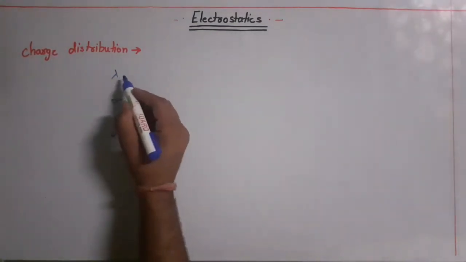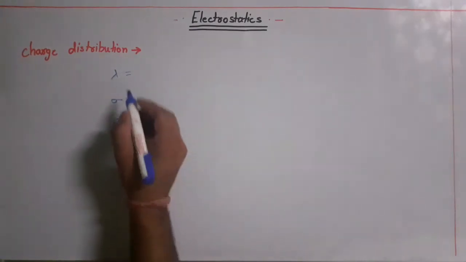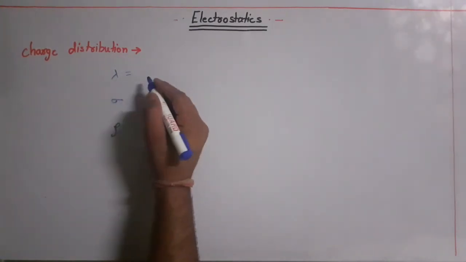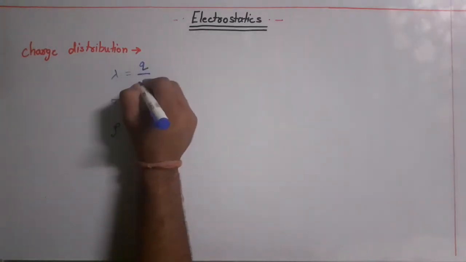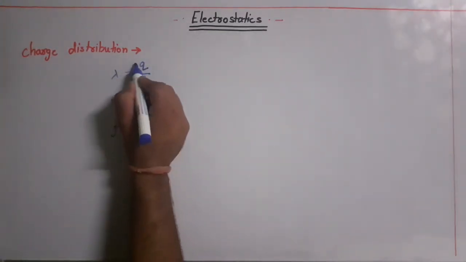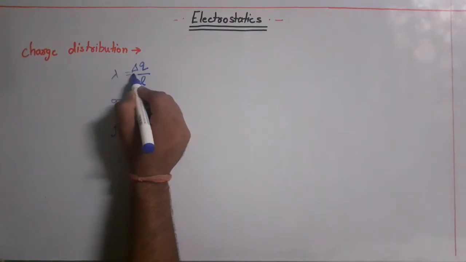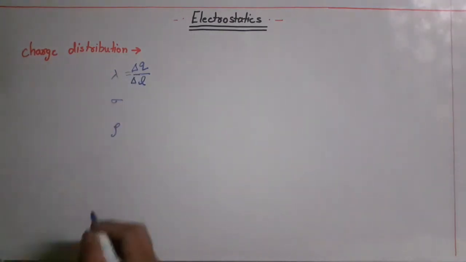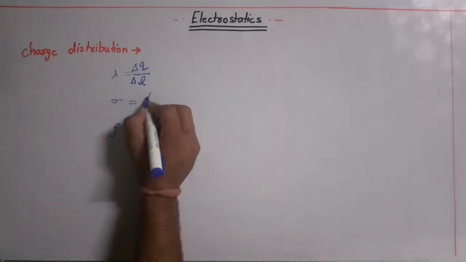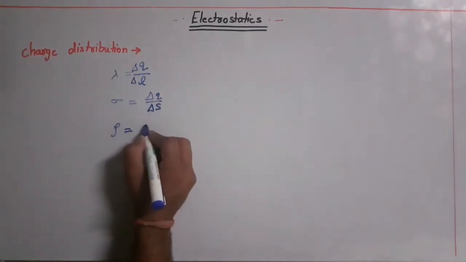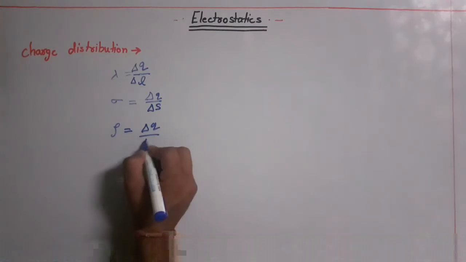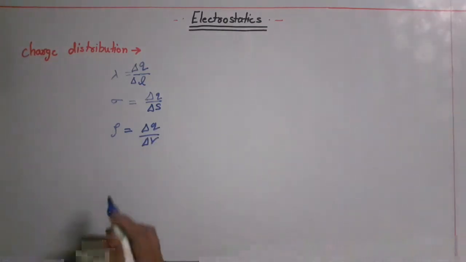So when charge is distributed over a line, it will become linear charge density, and linear charge density is equal to Q by L, meaning the amount of charge distributed over a length. Similarly, for surface charge density, charge will be distributed over an area, and volume charge density is over a volume.